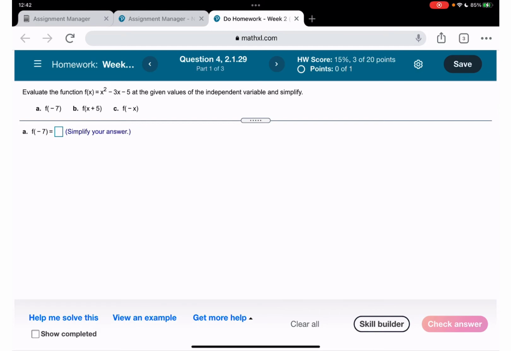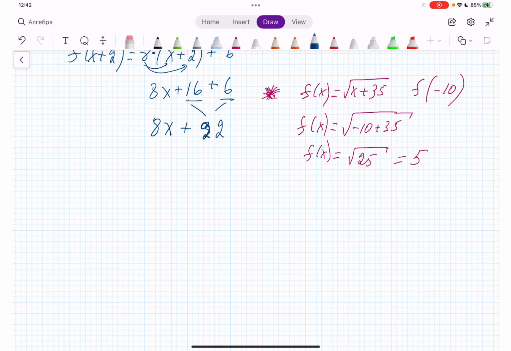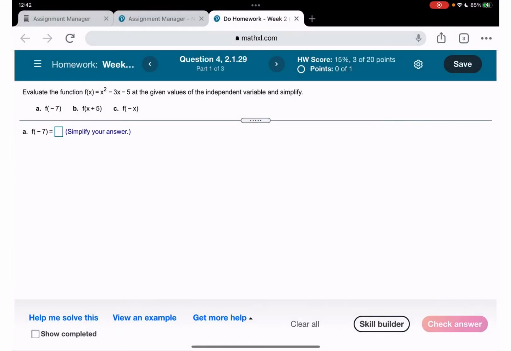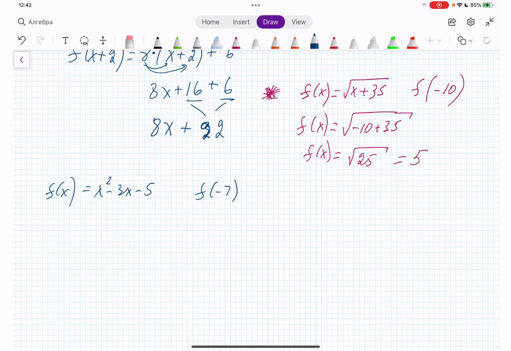So moving to the next question. We have x squared minus 3x minus 5, and we need to find f of negative 7, I believe. Let me double check. F of negative 7, yes. So f of negative 7 is equal to negative 7 squared. Instead of x, we plug in negative 7 everywhere, minus 3 times negative 7, and minus 5.